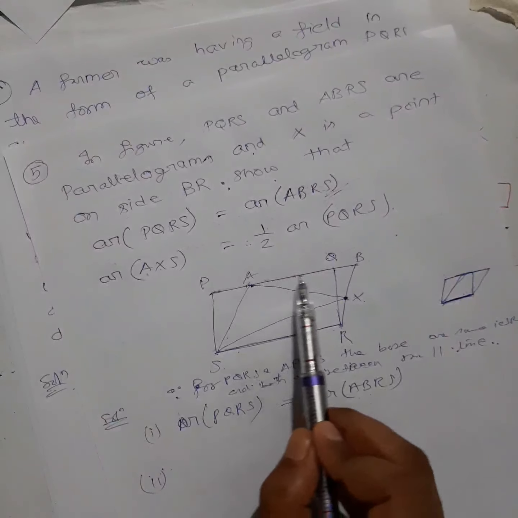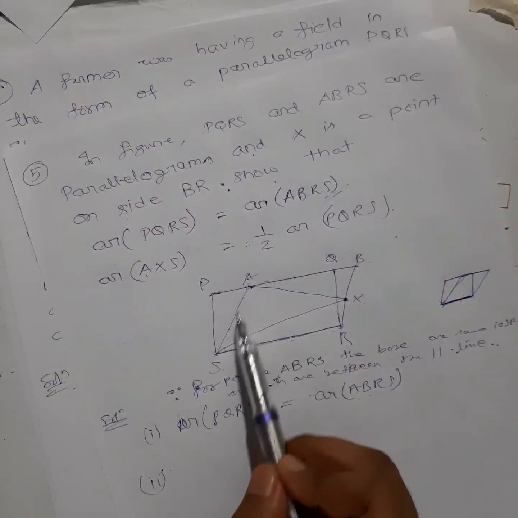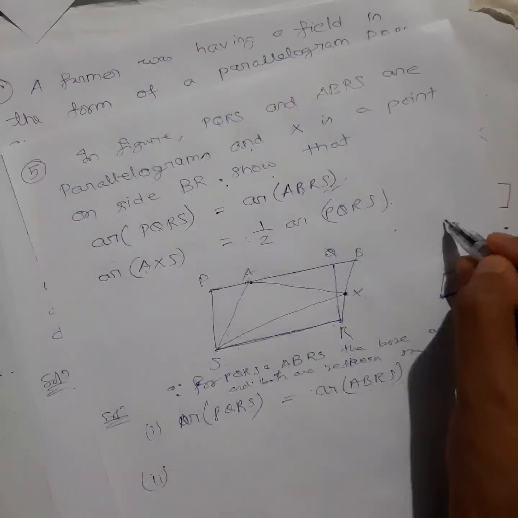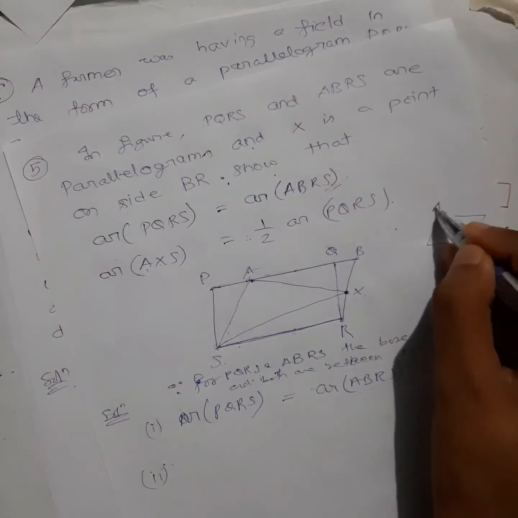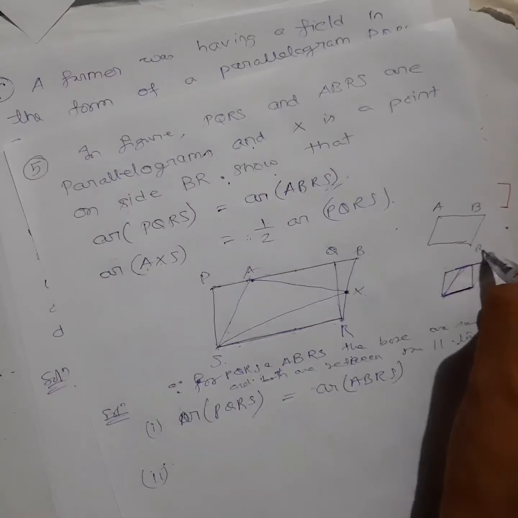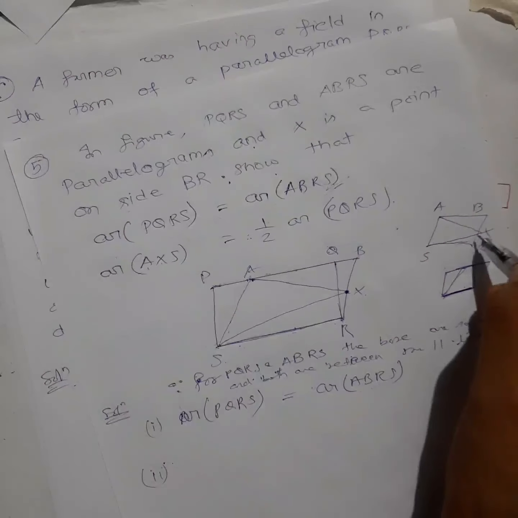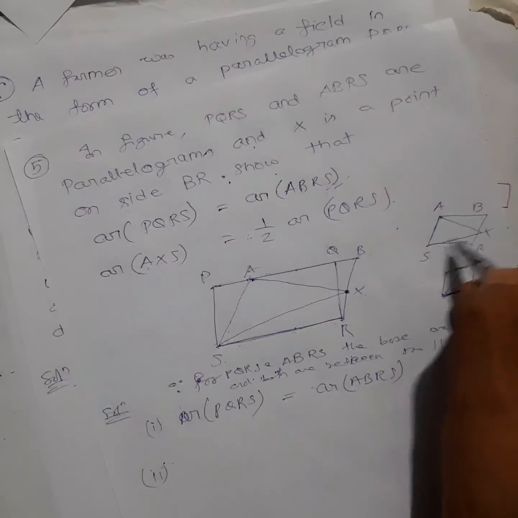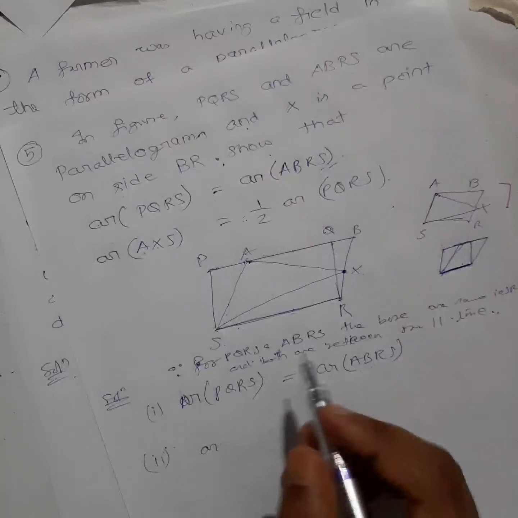Now see here, in ABRS, this triangle is lying under the same base and same parallel lines. If I draw it separately, you see carefully. This is your ABRS and this is your triangle AXS. This triangle lies under the same base and same parallel lines because it's a parallelogram, right? So here also we have already proved the theorem.